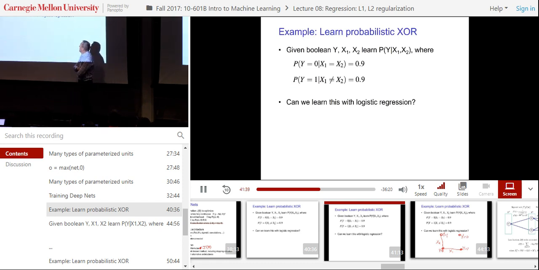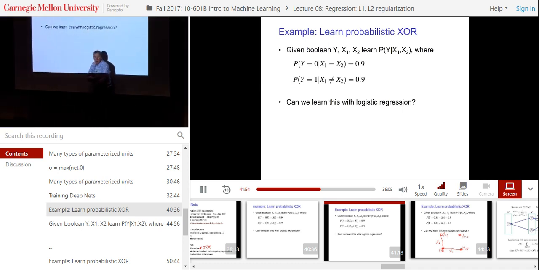And how often will I output y equals 1 in that case? 0.1, 1 minus that. I didn't have to write down that term because you would just infer it. But if they're not equal, then I'm going to output y equals 1, also with probability 0.9.